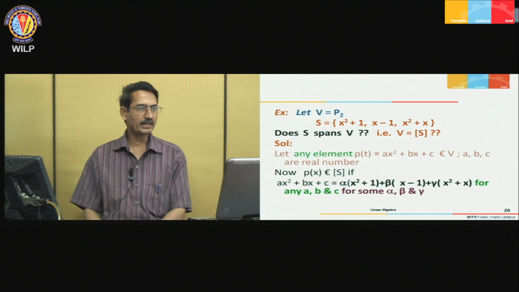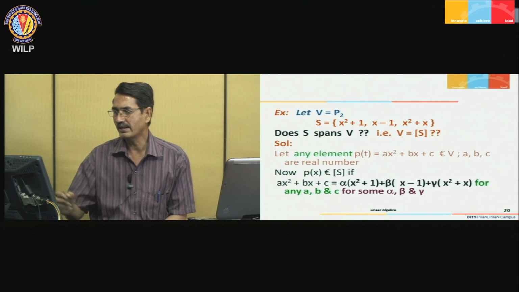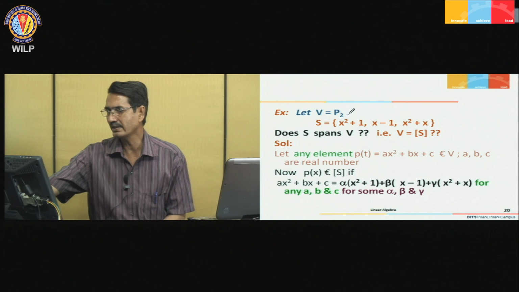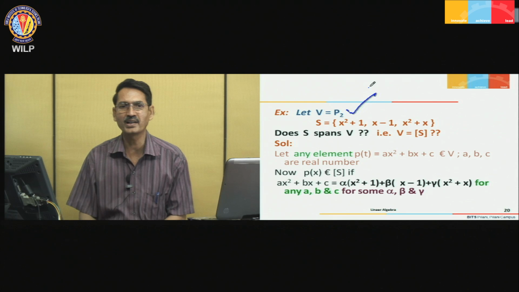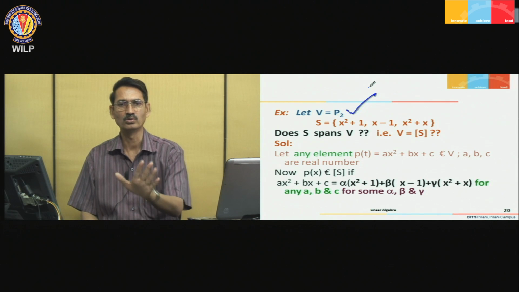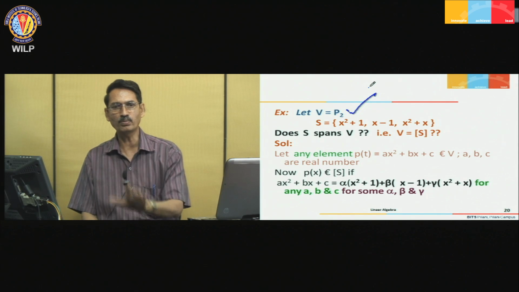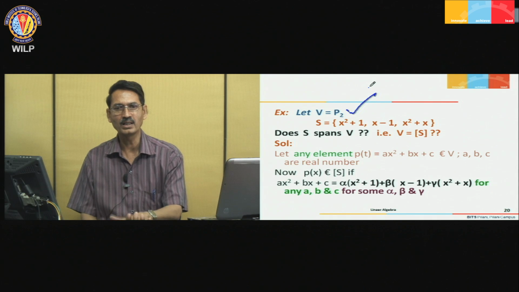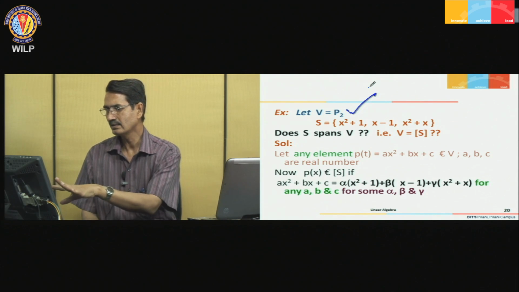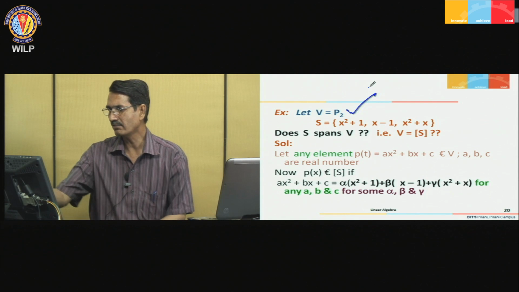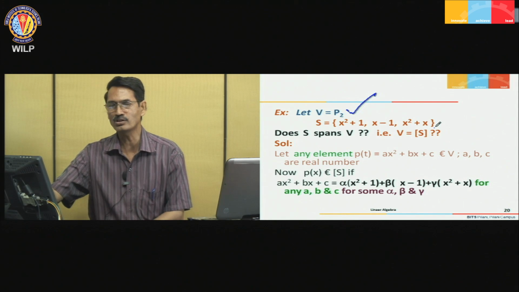Let us take one example where we take the vector space as P2. P2 means the set of all polynomials of degree less than or equal to 2. And S consists of 3 polynomials.